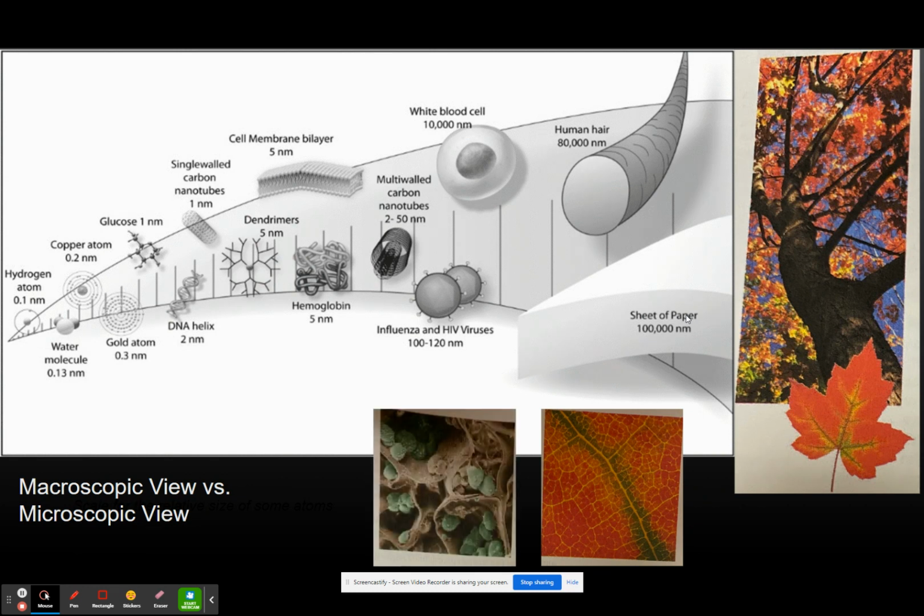Here's our microscopic view, but remember, everything you see, those green little chlorophylls taken with the electron microscope, these are probably somewhere in this cell membrane level here in terms of scale. We're talking really small when we're talking an atom. You can see our hydrogen atom is about 500 times smaller than a cell membrane, which is made up of atoms.